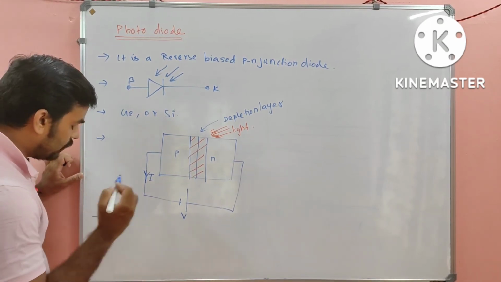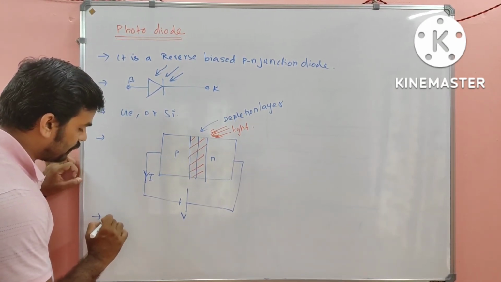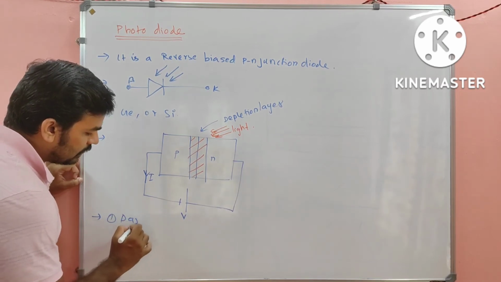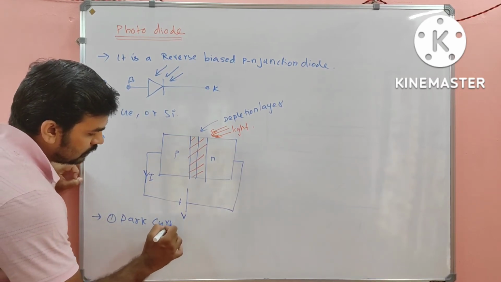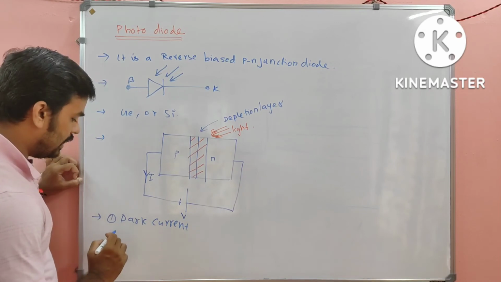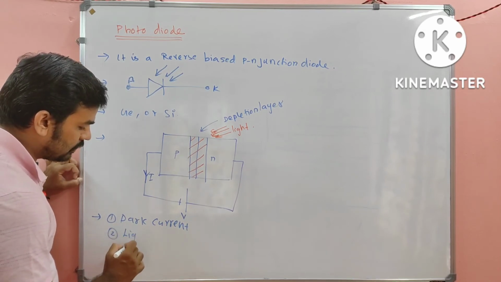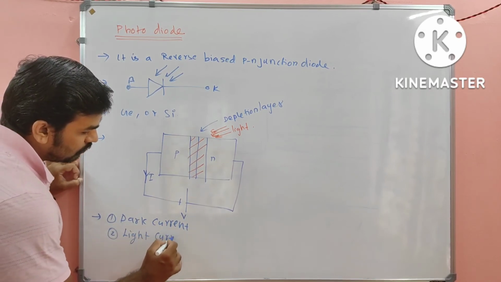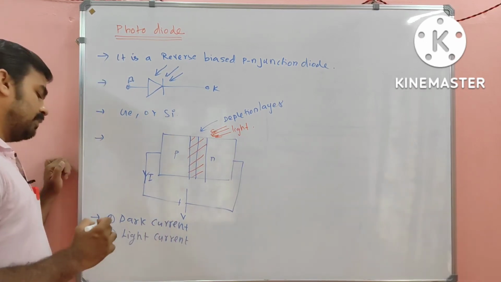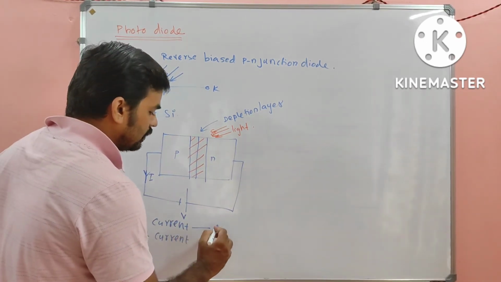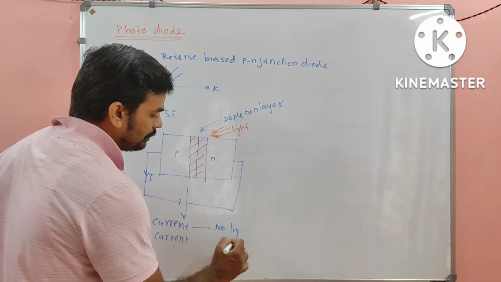And there are two types of current there. The first one is called the dark current, and the second one is called the light current. The dark current is nothing but the current with no light.